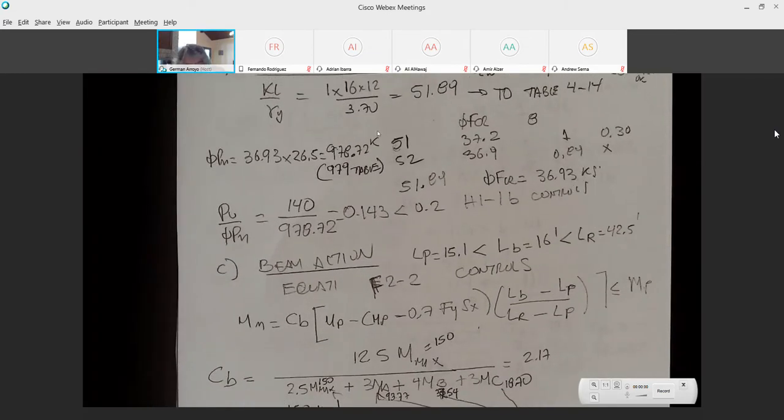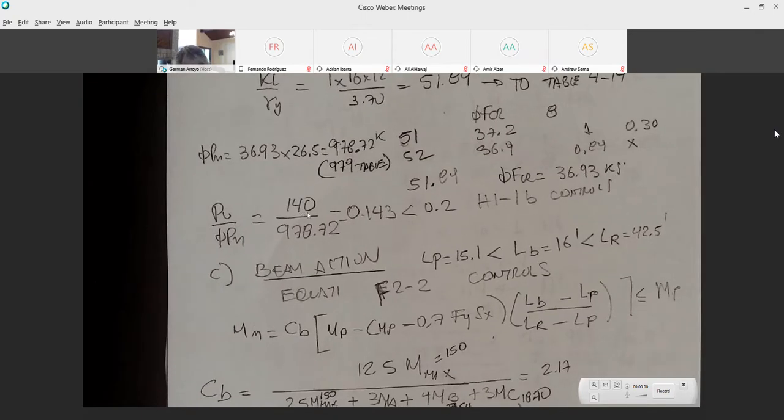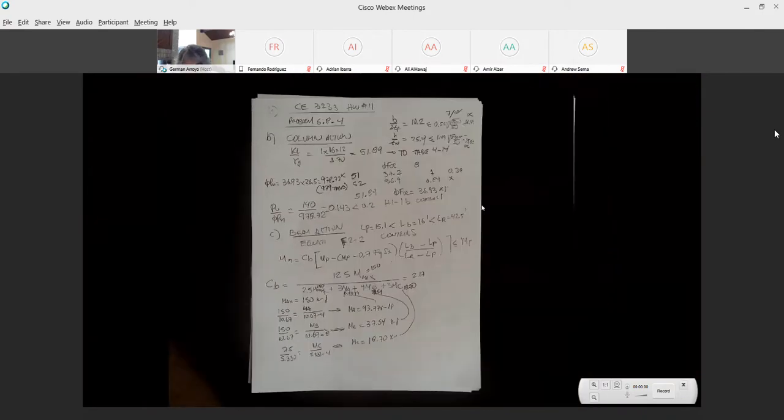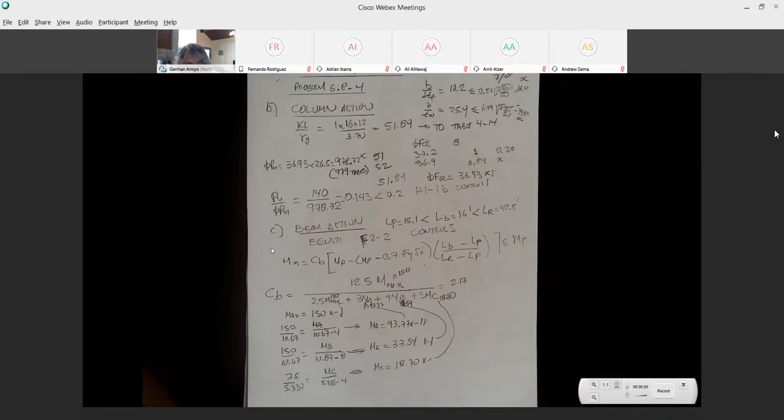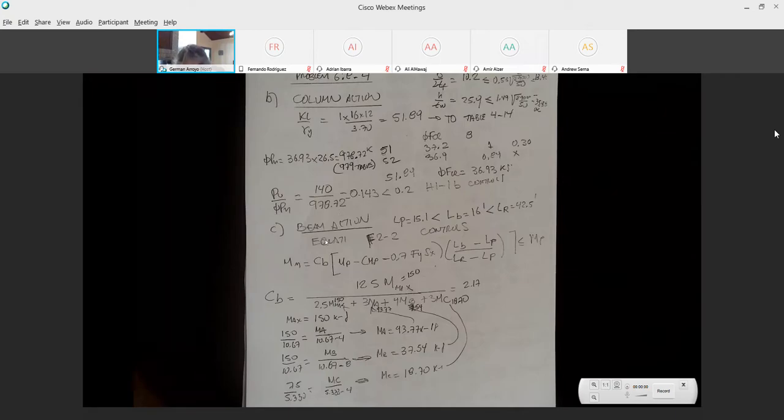P sub n, 978.72. Look, the table gave me 979. You already know that the table is great for the column portion. I did P sub u over P sub n, 0.143, which is less than 0.2. So now I had to do the beam action.